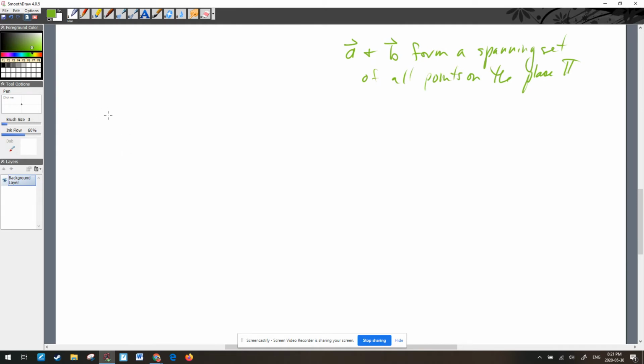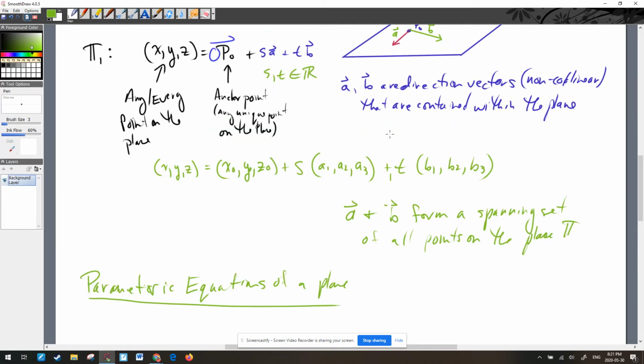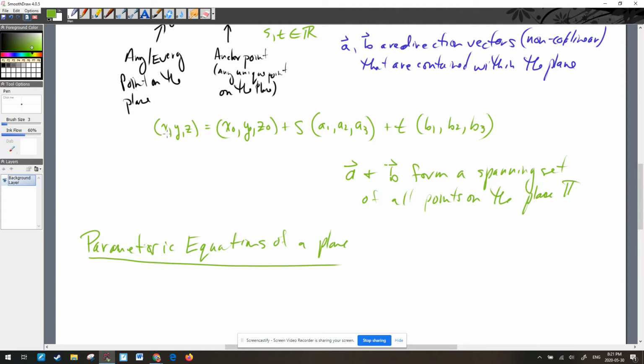Let's also then look at the parametric equations of a plane. Okay, and the parametric equations of a plane are going to be formed pretty much the same way that we did for parametric equations of a line in R3. We're just going to parameterize these things. We're going to break them up into their components.